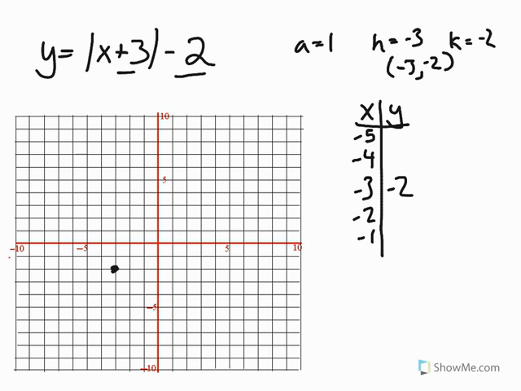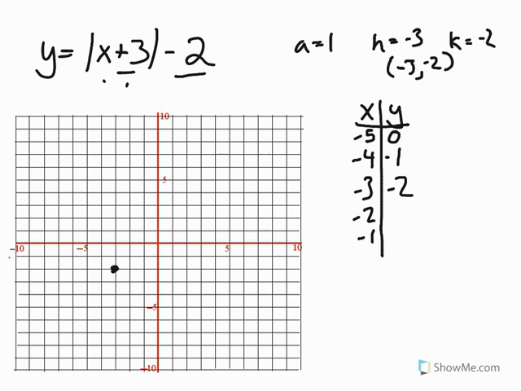When I plug -5 in, -5 plus 3 is -2, and the absolute value of -2 is +2, and 2 minus 2 is 0. Now I'll go ahead and do the -4 as well, so -4 plus 3 is -1, and the absolute value of -1 is +1, and 1 minus 2 is -1.